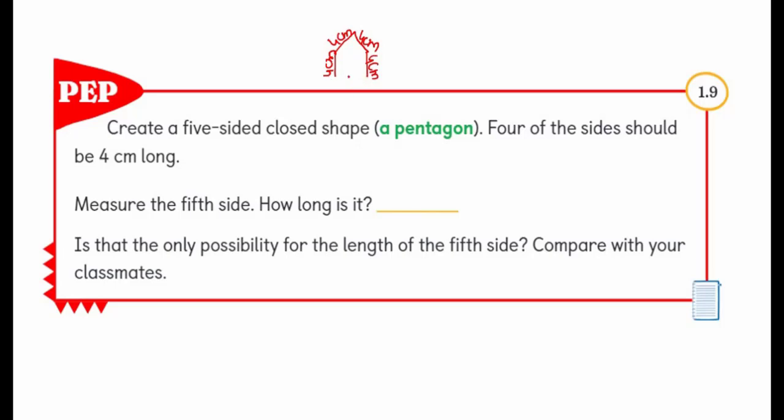You have to measure the fifth side and tell how long it is. Is that the only possibility for the length of the fifth side? Yes, the fifth side can also be 4 centimeters. Do it and compare with your classmates, children. Okay?